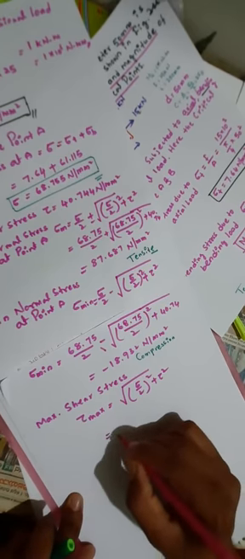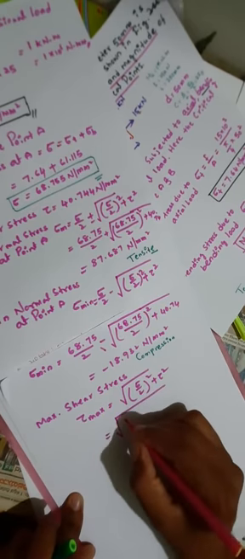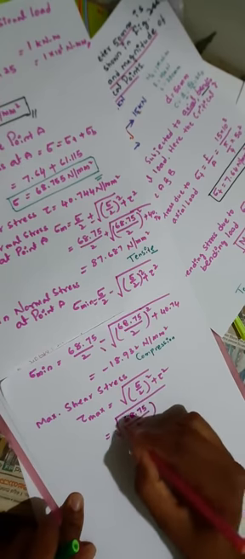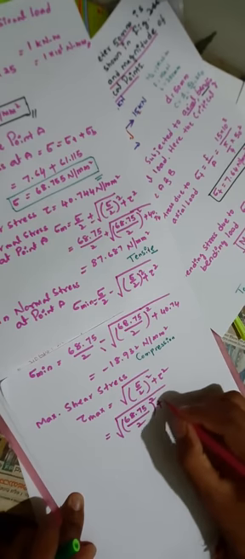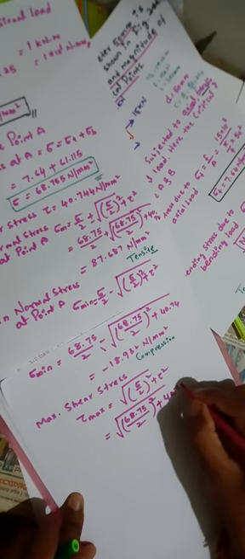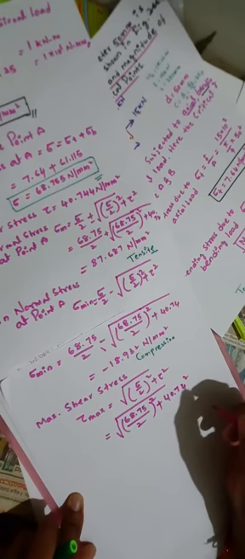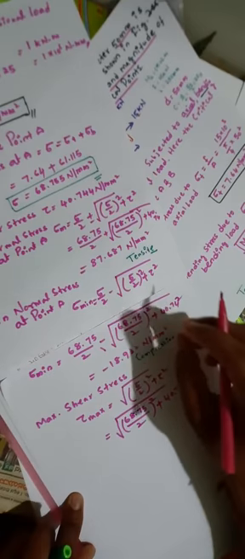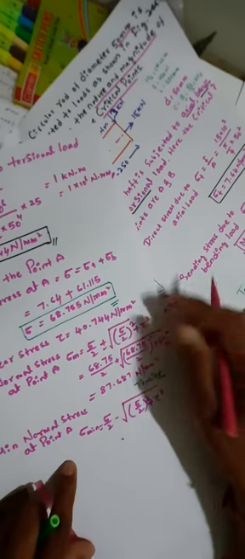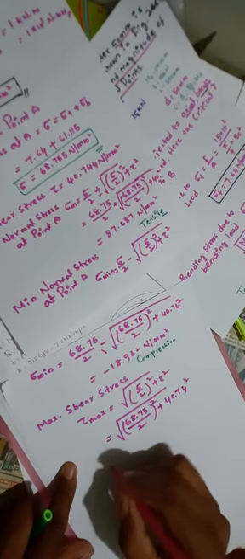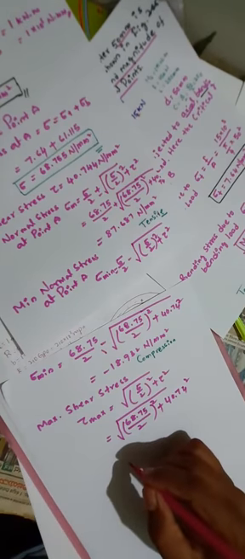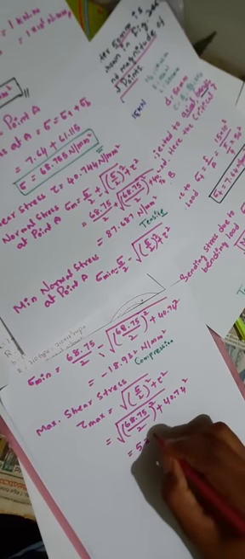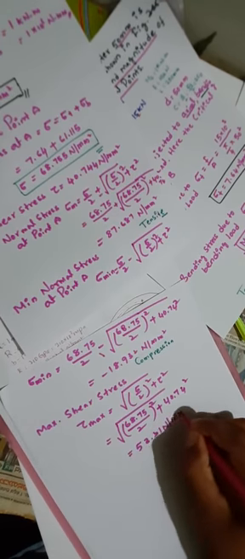If you substitute all the values, 68.75 divided by 2 whole square plus 40.74 square, and simplify this, you will get 53.31 Newton per mm square.